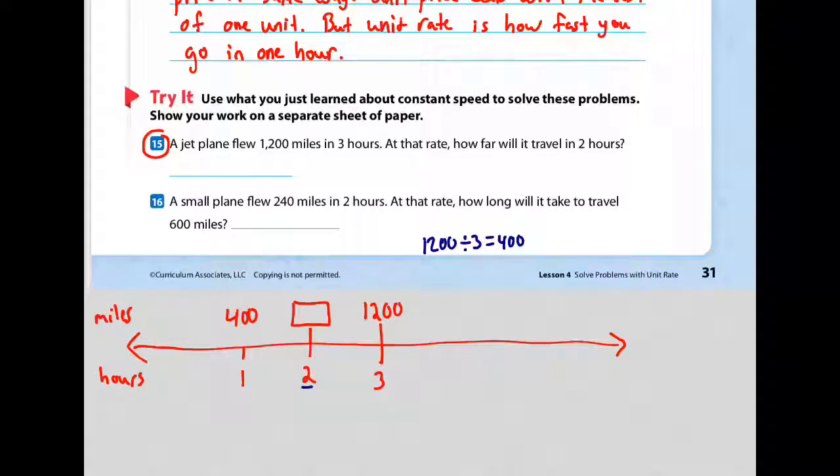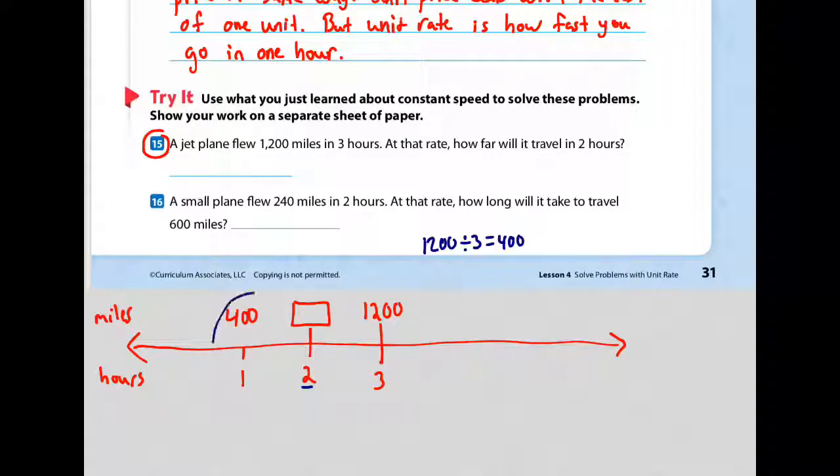Since 2 is exactly between 1 and 3, that means our answer is exactly between 400 and 1200. So I know 800 is between 400 and 1200. But that way is a little bit trickier. Let me show you what I think is another easy way.